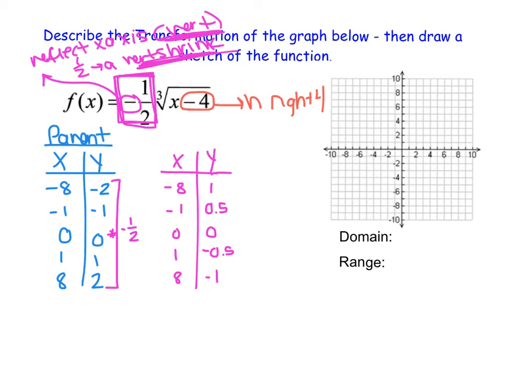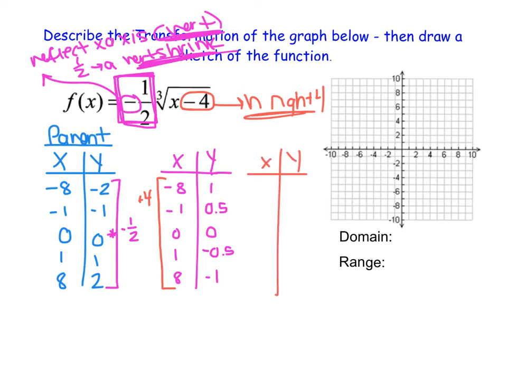Then from here, I'm going to transform my graph with its horizontal translation, which is moving it to the right 4. So since it's horizontal, it's going to happen to my x values, and because I'm moving to the right 4, I'm going to add 4 to each of these x values.